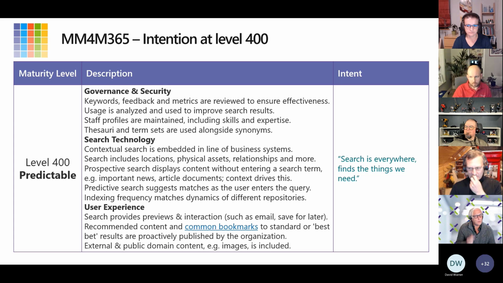Yeah, and I think at level 400, you're starting to measure a lot of things so that you really do understand where you're being successful and where you need to do some work. You want to measure some things that are going to go up, like we want to make sure that people are finding the things that they need, and that's an upward slope. We also want to know that, for instance, the help desk isn't getting so many false panics, like "I see files when I look at this person, that's wrong."